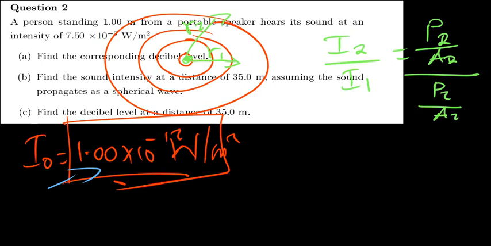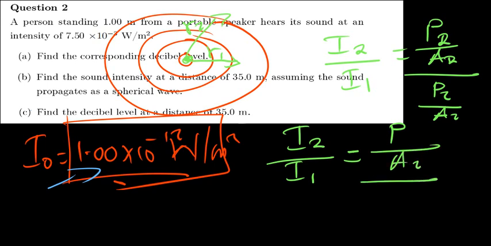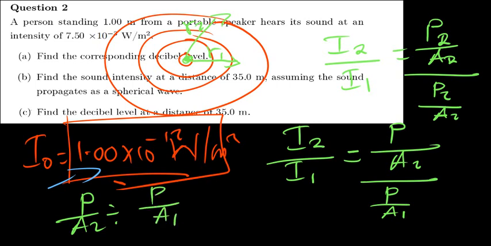So intensity 2 divided by intensity 1 is equal to, the power is the same, power divided by area 2, divided by power divided by area 1. That is the same as power divided by area 2 times area 1 divided by power.